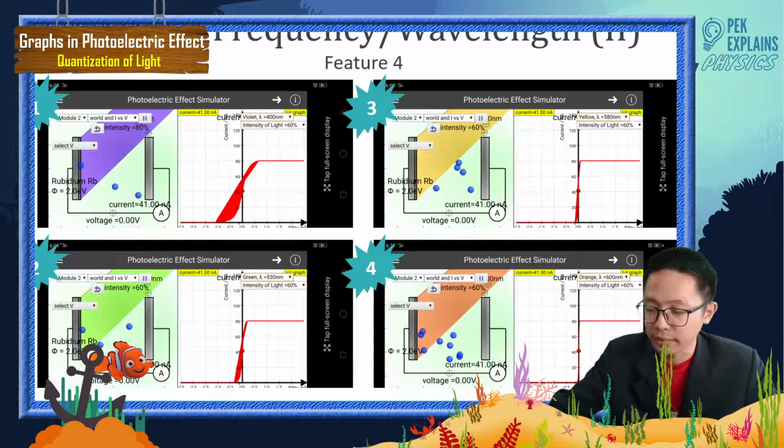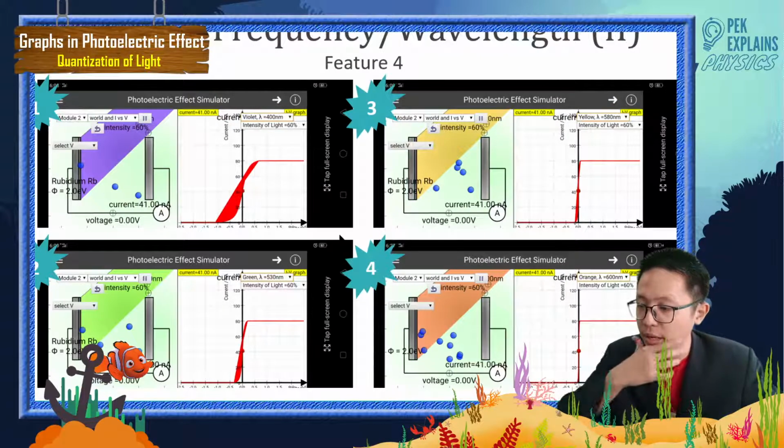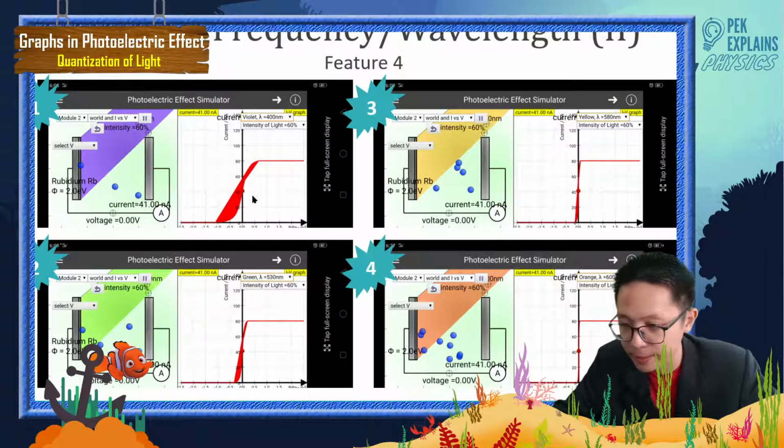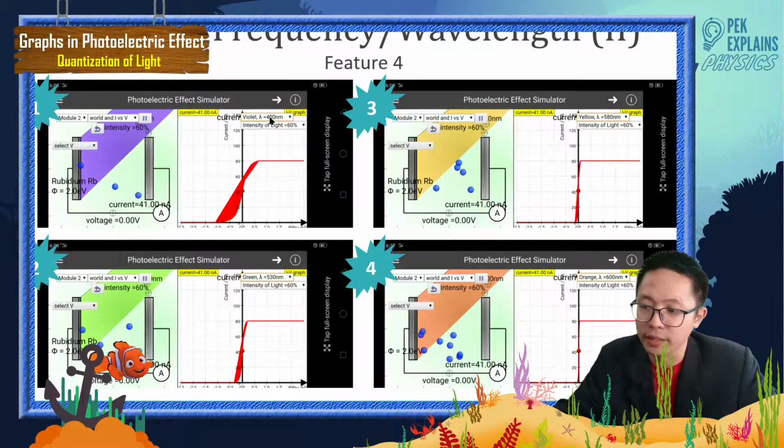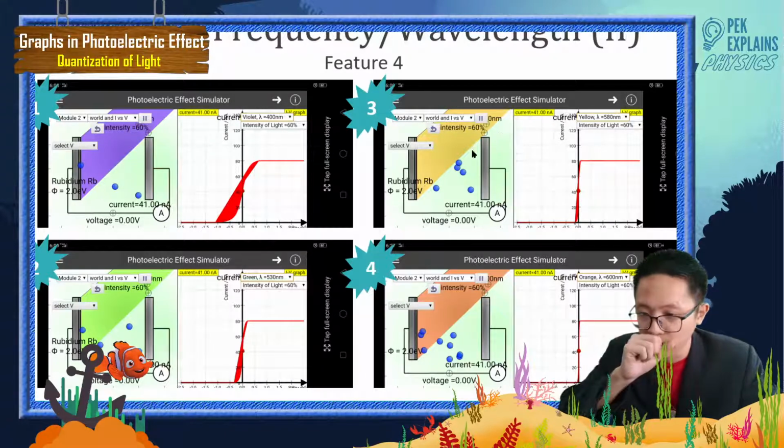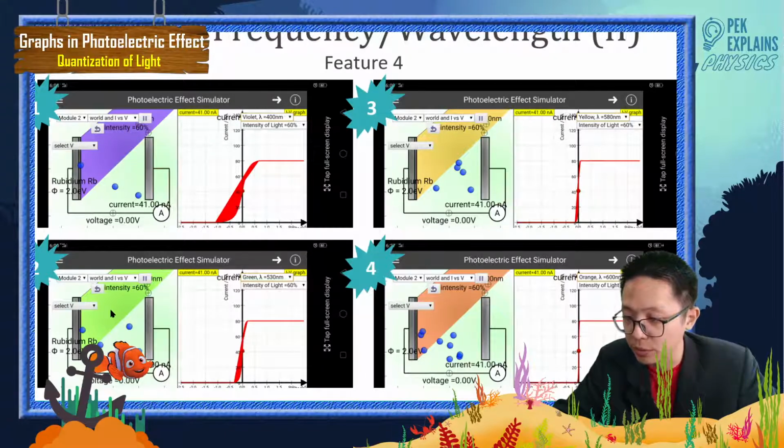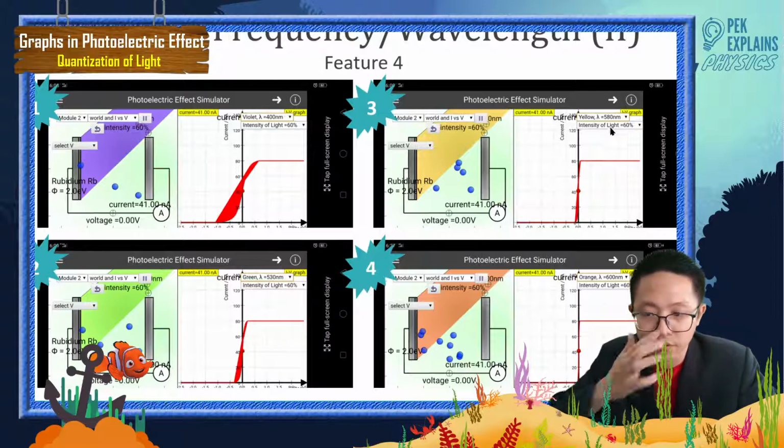Okay, that's it. You can see over here, violet has 400 nanometers compared to green at 530 nanometers. Yellow is 580 nanometers, and orange light is 600 nanometers.